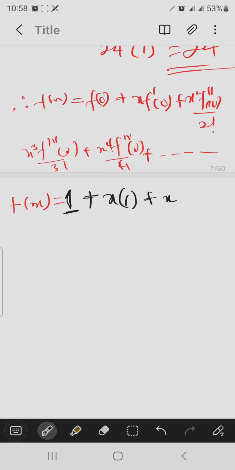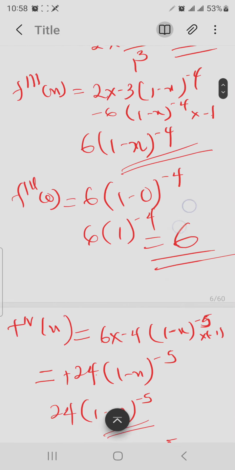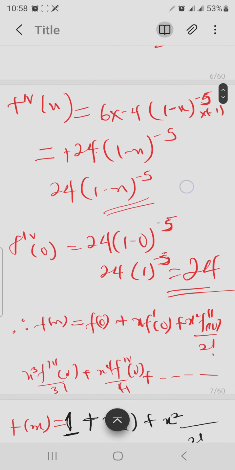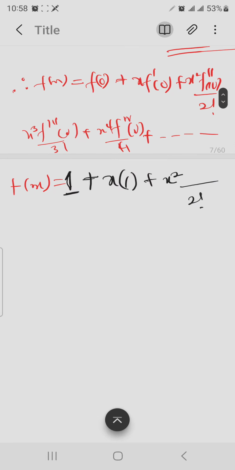Plus x squared f double prime of 0 over 2 factorial. Let me see f double prime of 0. F double prime of 0 equals 2. So I put 2 there.